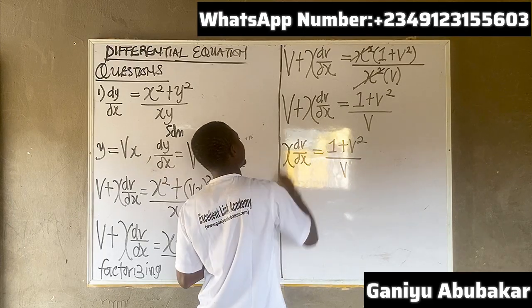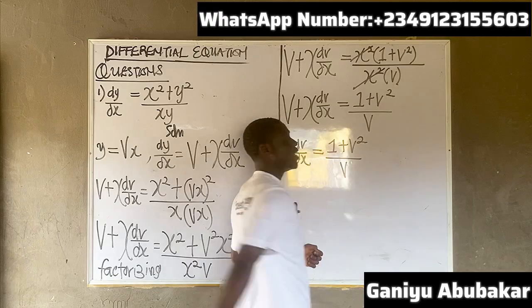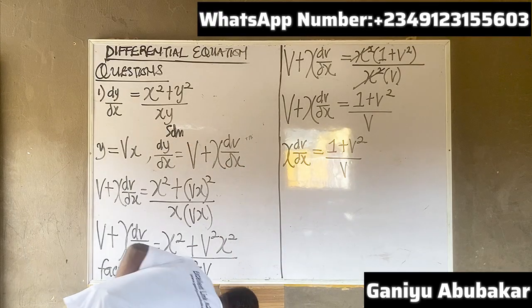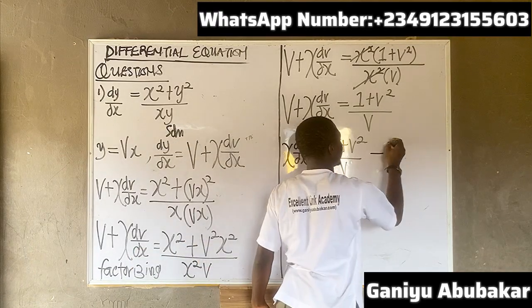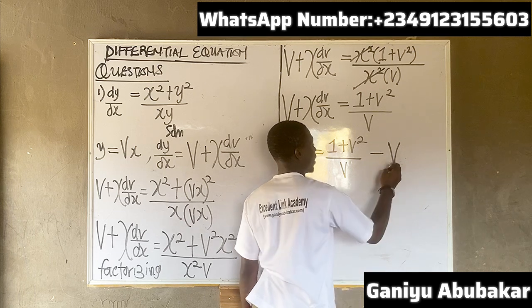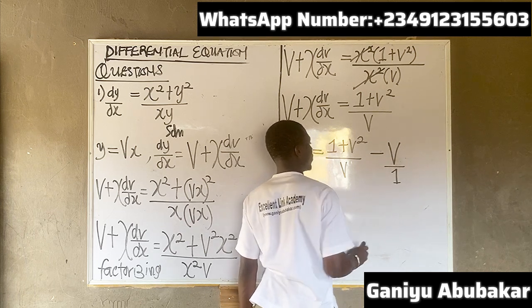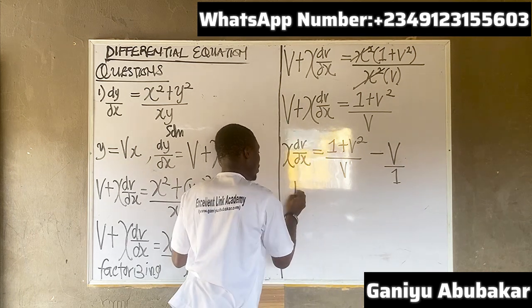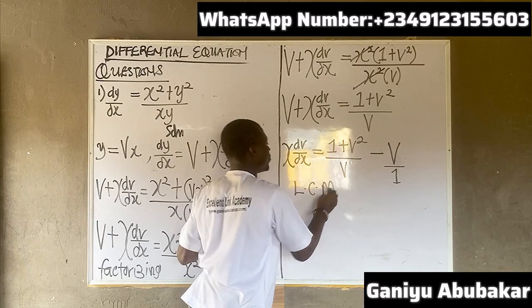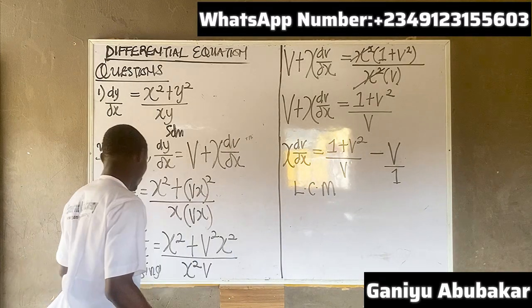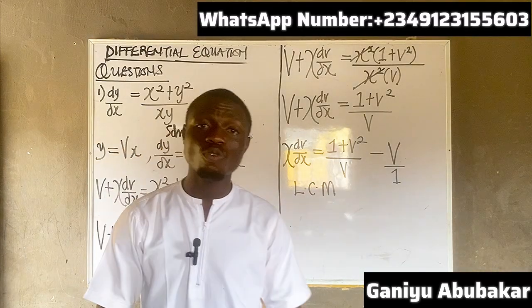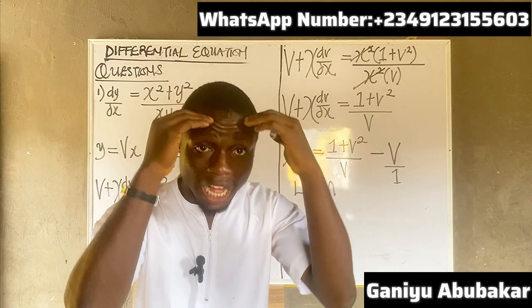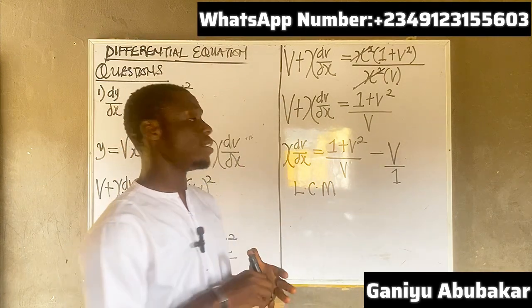If I take a positive v here, it gives you a negative v, that gives you minus v. Of course, I have an invisible one here. My next task is to take the LCM. LCM and factorization are things you have to look forward to. You will encounter them, so bear in mind.